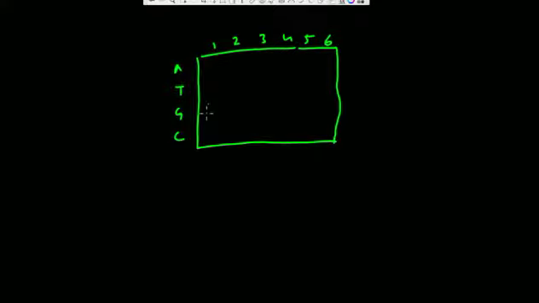Now this was our M matrix in the previous slide. Now which PSSM matrix is good?